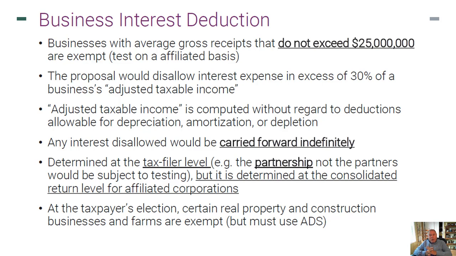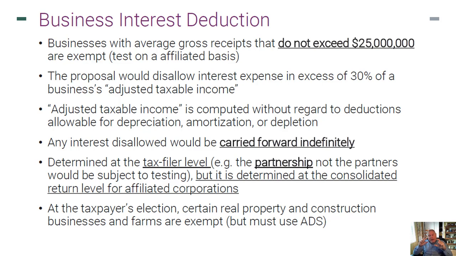The proposal that is coming into place is that if your gross receipts are more than $25 million, they disallow interest expense in excess of 30% of a business's adjusted taxable income. And the adjusted taxable income is before depreciation, amortization, or depletion.